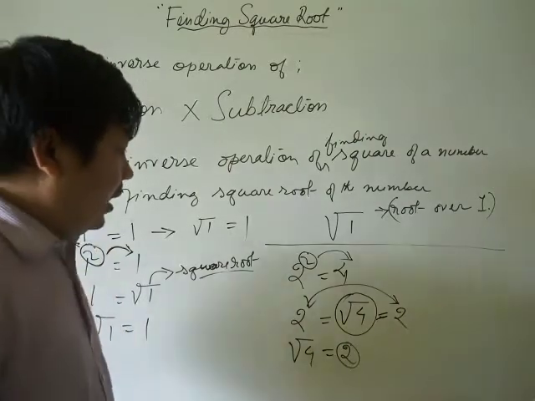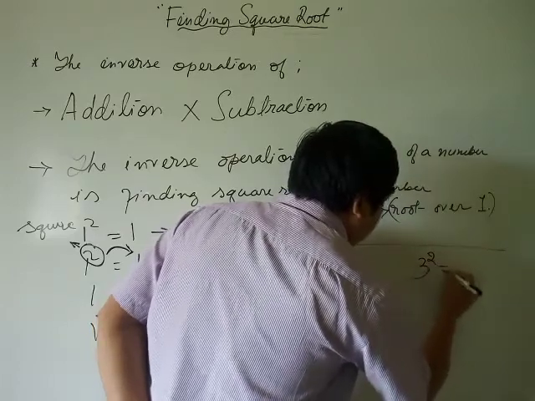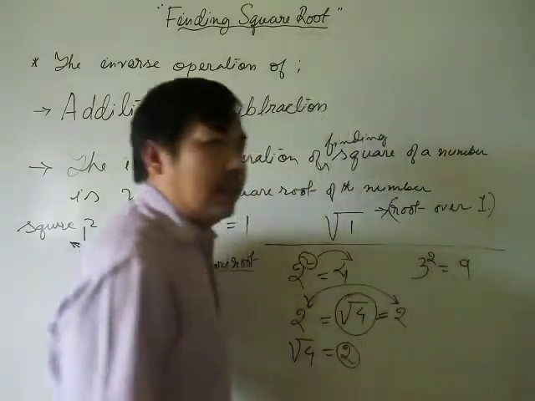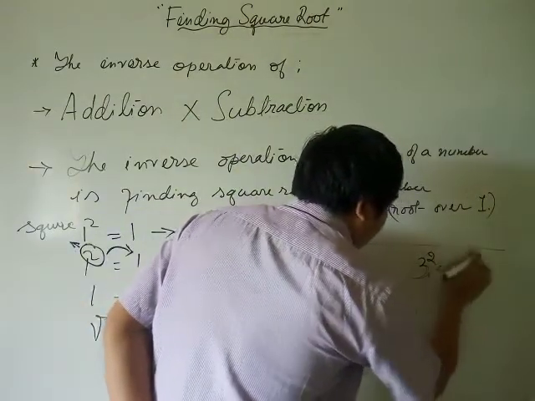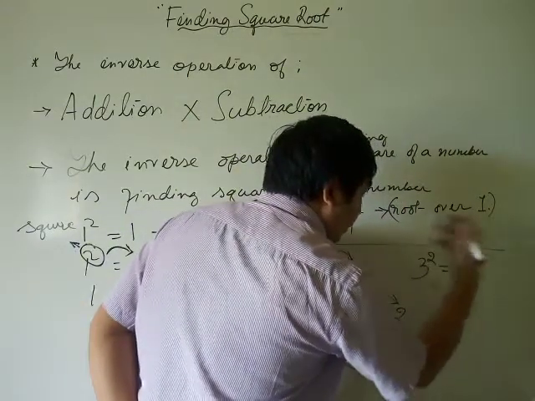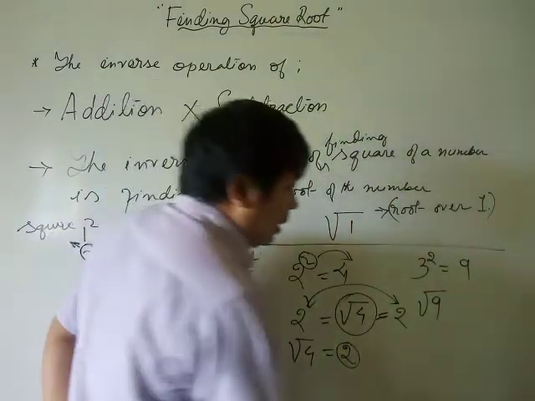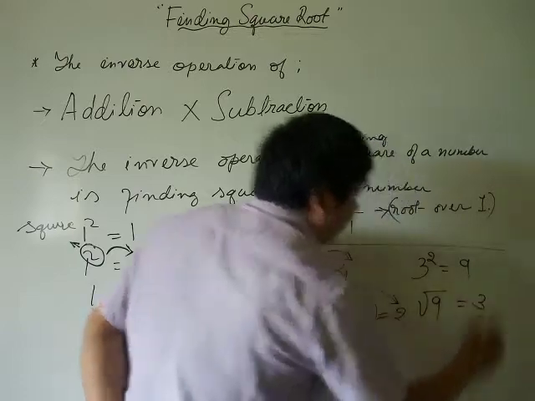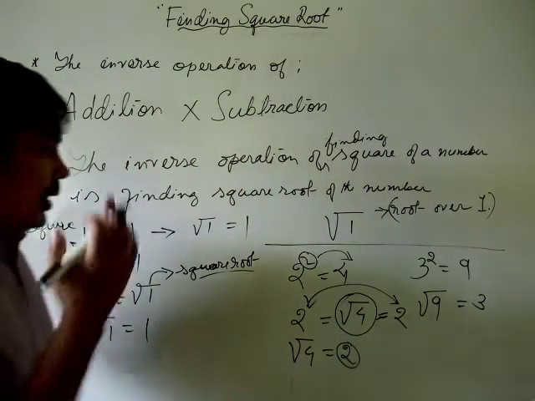Another example, let us say 3 square is equal to 9. So what happens when you bring this square to the other side? It becomes root over 9. So root over 9 is 3. Got it? Why is it 3?